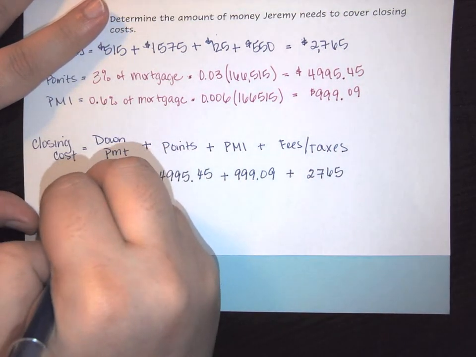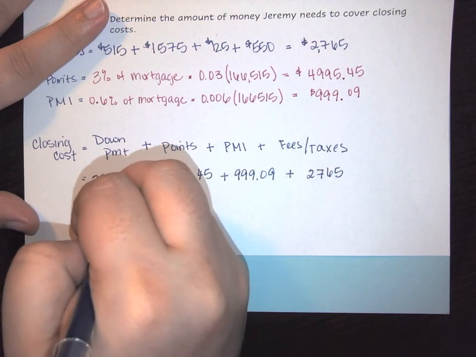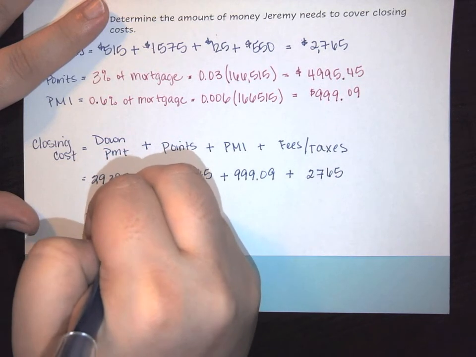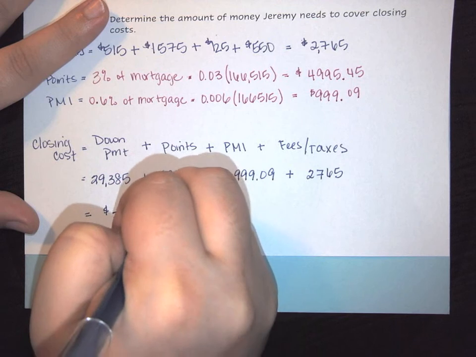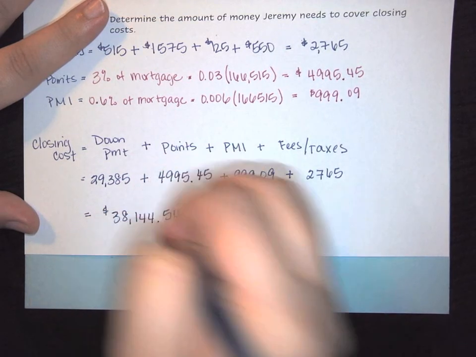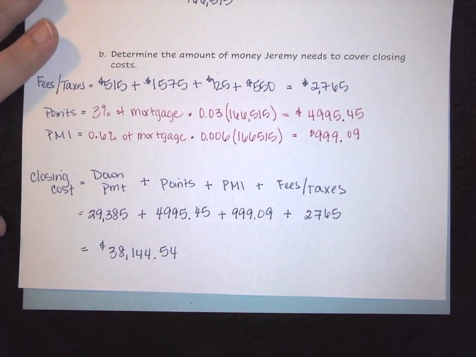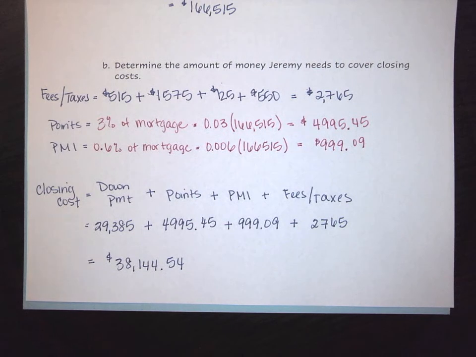So when we add all of that up, your closing costs are going to come to $38,144.54. Okay. So essentially what that means is that the day that you go to sign the papers and get your keys, you would have to bring a check for $38,144.54. Okay.